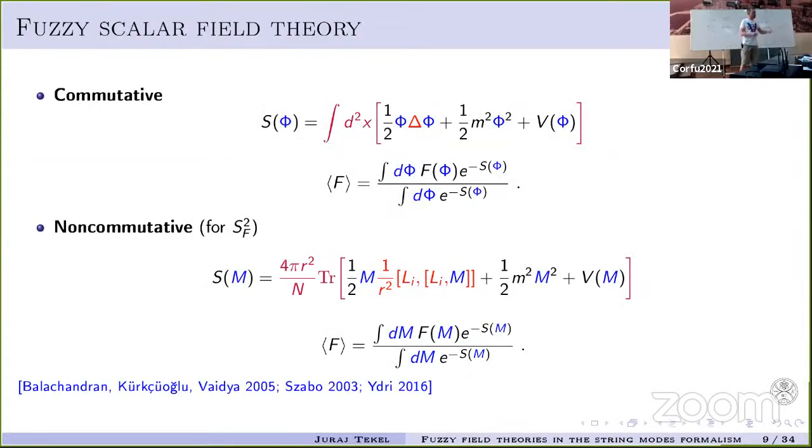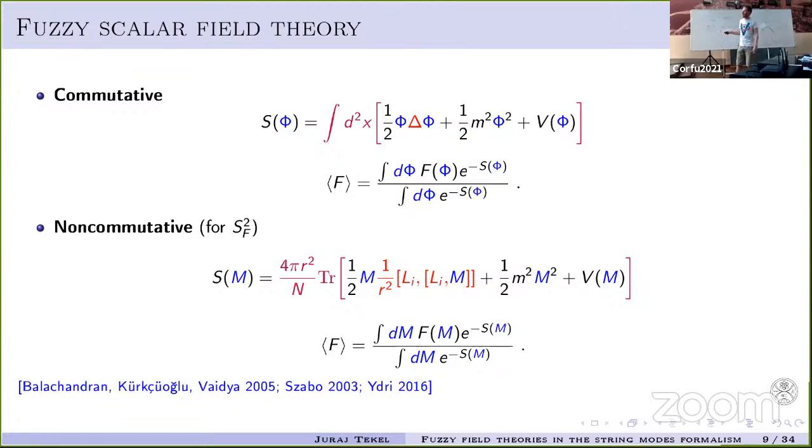So now when you want to do physics on the fuzzy sphere, you take your favorite physical theory, for example, Euclidean scalar field theory. You take the commutative version, you find your commutative to non-commutative dictionary, and you translate.